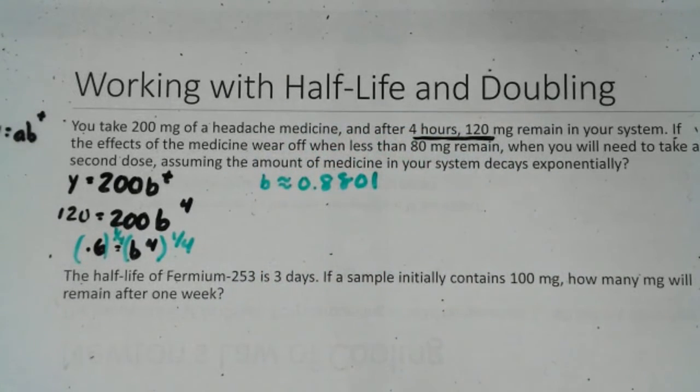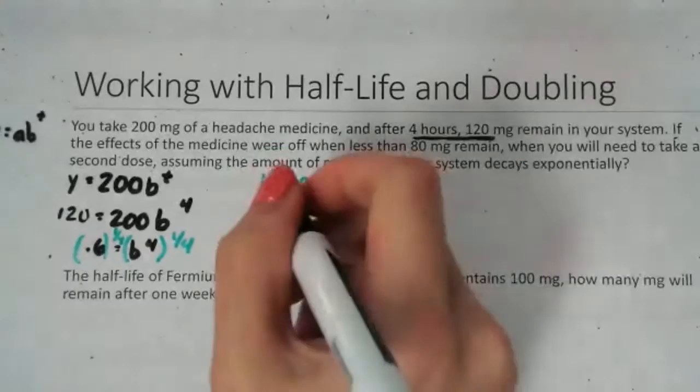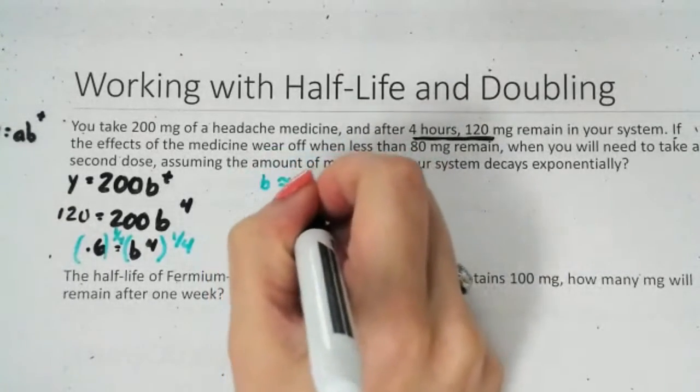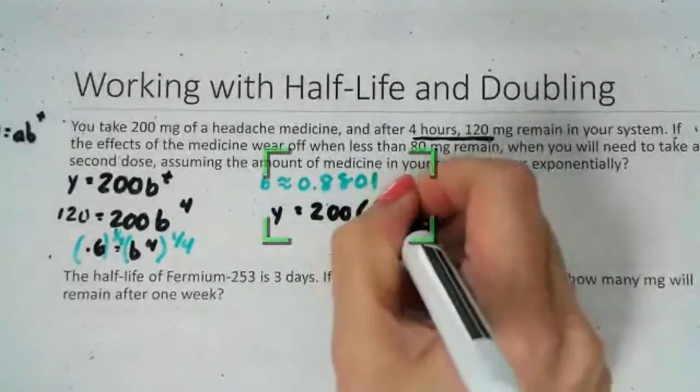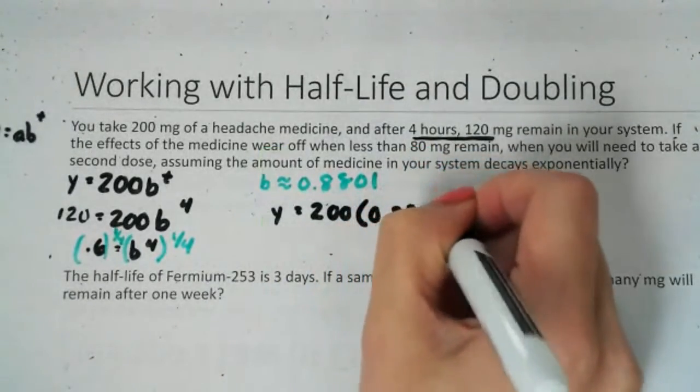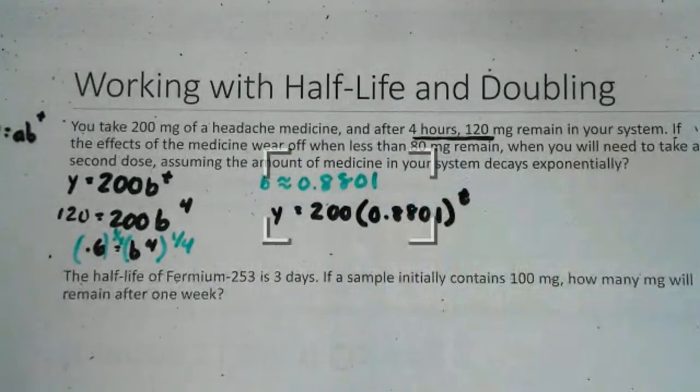So now that we know what b is, we can plug that into our equation, and we get y is equal to 200 times 0.8801 raised to the t power.